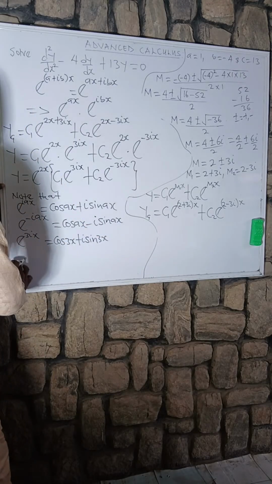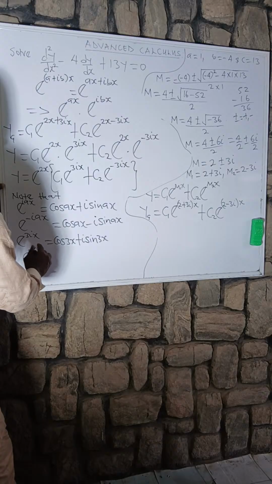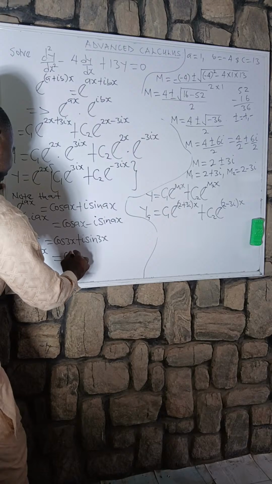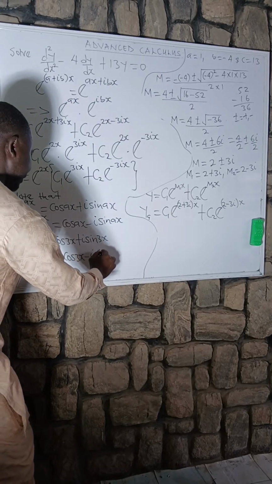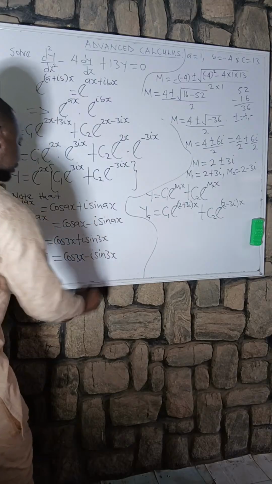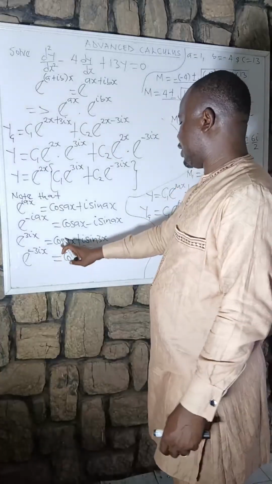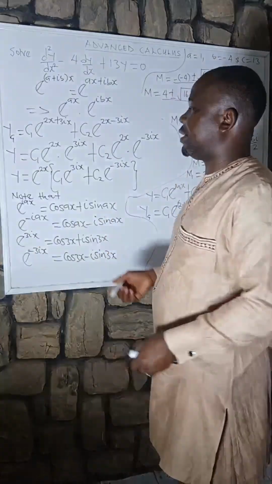Then, since we have exponential minus 3ix, here will now be cos 3x minus i sine 3x. So this implies that instead of this, this is what we are going to write, and instead of this, this is what we are going to write.